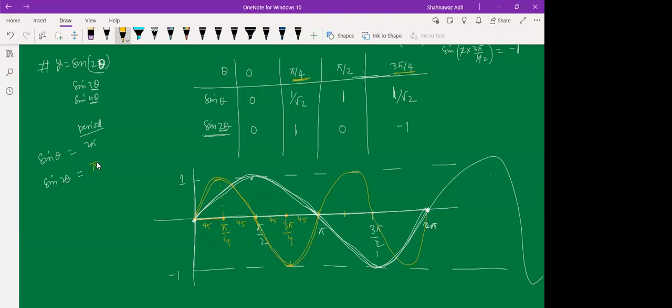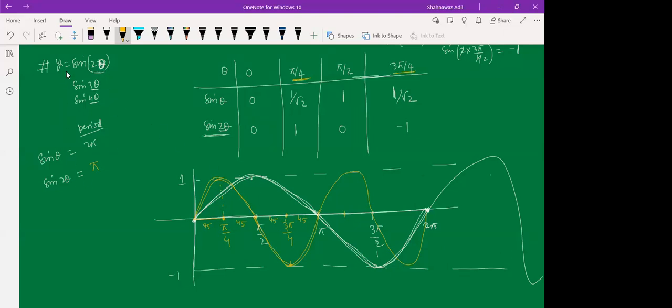So you see that when you multiply a constant beside the angle, then its period changes, but the amplitude, the highest point, remains the same. So the amplitude doesn't change if you multiply a coefficient in the angle.